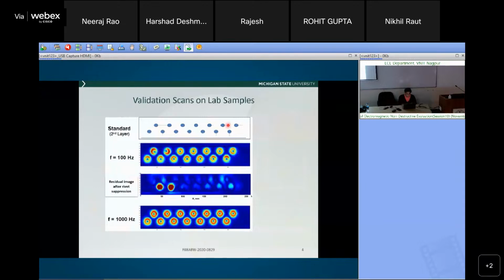And these 5 rivets are these 5 rivets. So the residual, you can see that everything is subtracted out, but basically only the defect signals remain. So this was something that we put together for Boeing and the Air Force.